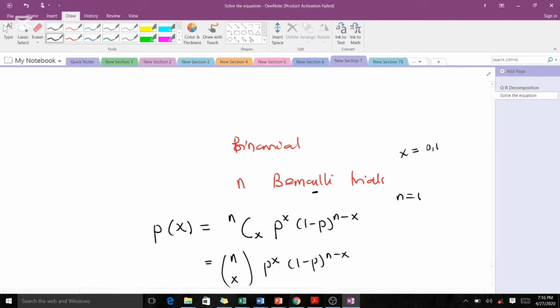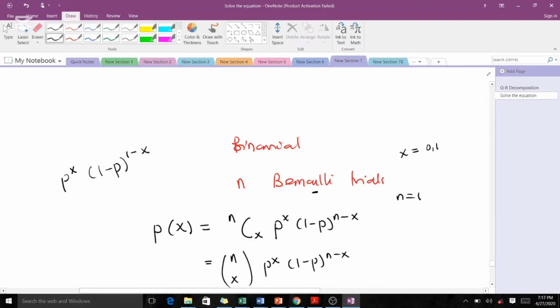So the binomial just happens to be a sequence of Bernoulli experiments with n trials. We realize that the Bernoulli was giving us the probability of x.